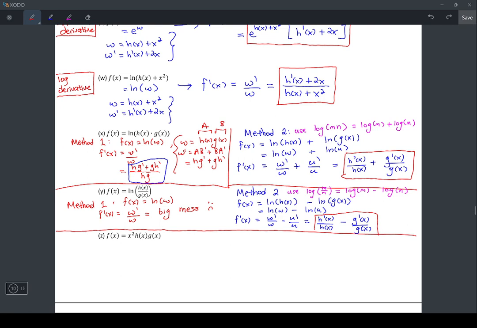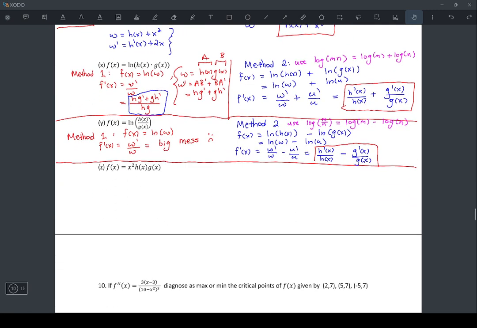So there's this neat trick for derivatives of expressions inside a log that either use the rule of multiplication or the rule for division, and allows you to break it up and not have to have gigantic product or quotient rules involved in your derivative calculation.